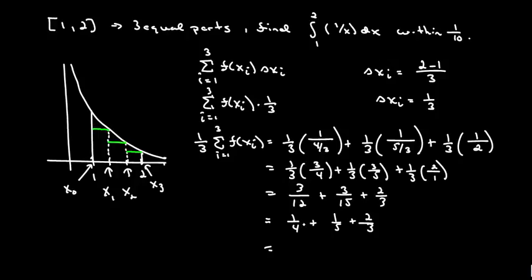So 3 over 12. This should be 1 over 5. This should be 2 over 3. Okay, just like that. Where did I get these numbers from? Oh, I saw another error here.